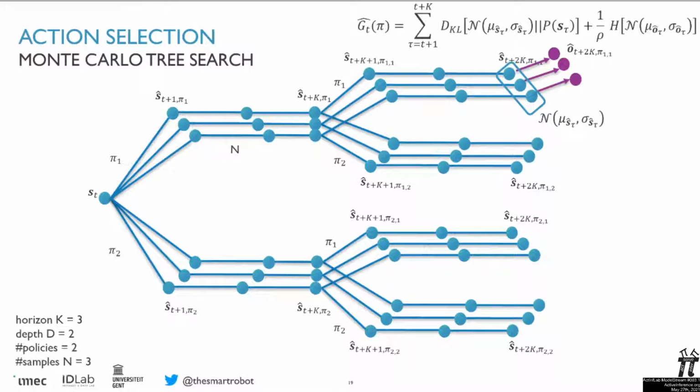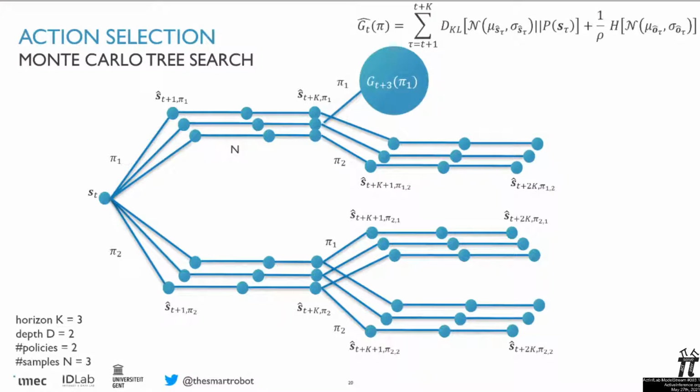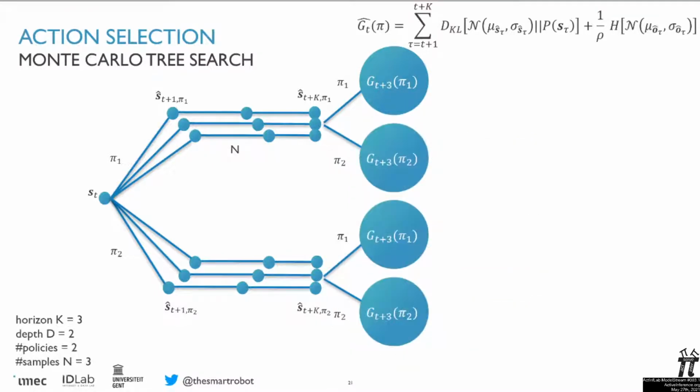And this then gives you this approximated Gaussian distribution for both the states and the observations. So you plug these into the formula, and this then gives you kind of a number that says this is the expected free energy if I think I am in states t plus k, and I will follow along with policy 1 from thereafter. And then basically you can do this for each of these sub-branches.